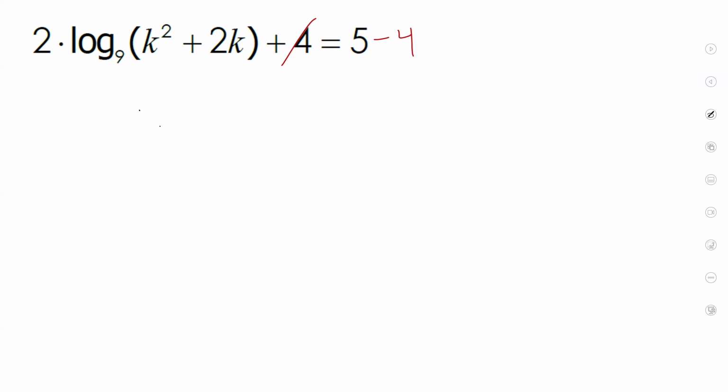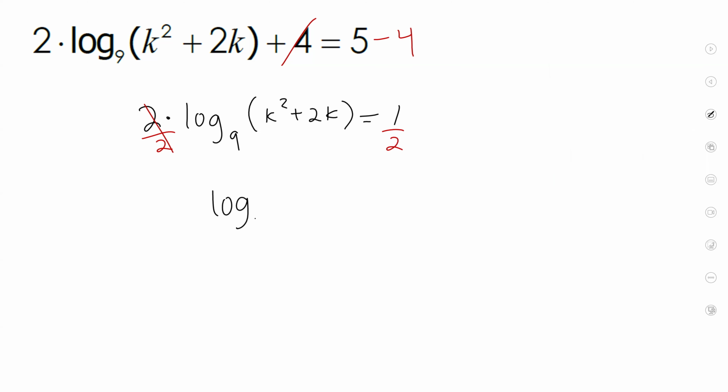We're going to get 2 times log base 9, all of this equals 1. What I'm going to decide to do is divide by 2. So I'm left with log base 9 of k squared plus 2k equals 1/2.